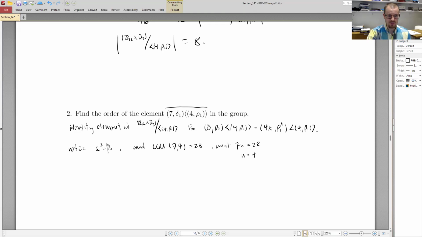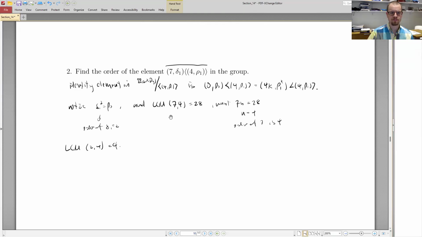So I have the order of this thing, and I have the order of this thing. This tells me that the order of delta 1 is 2, and the order of 7 is 4. And so I'm looking for the least common multiple of 2 and 4, which is just 4.